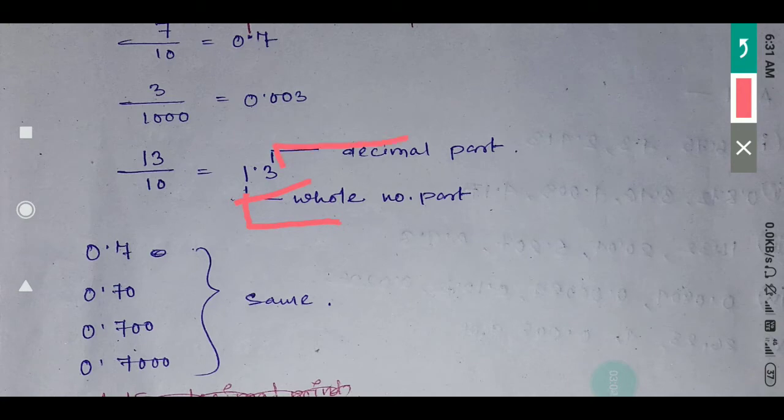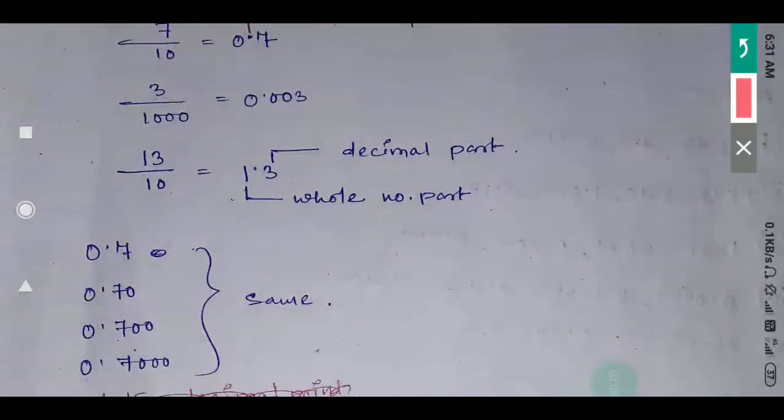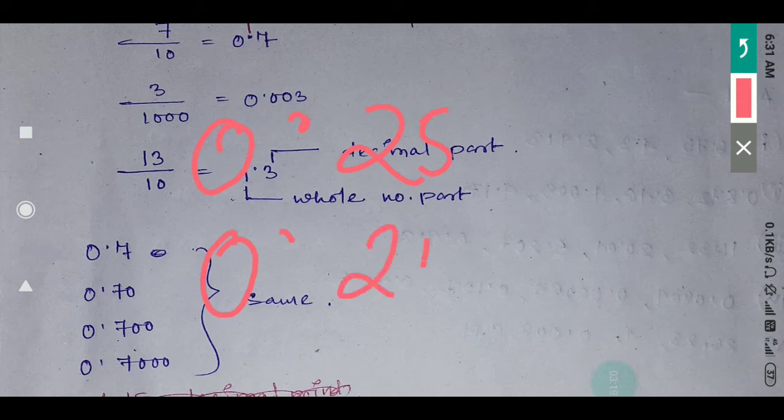One important thing: suppose a decimal number 0.25 is given, and someone has written 0.250. Are both the same or different? Both are the same.